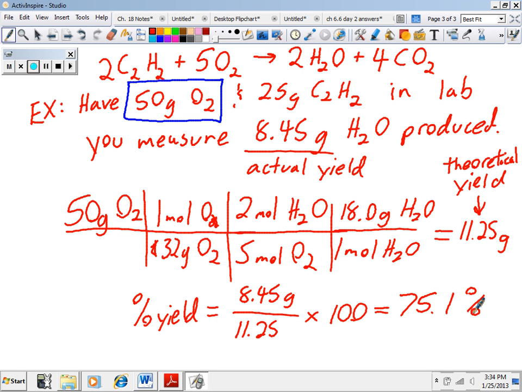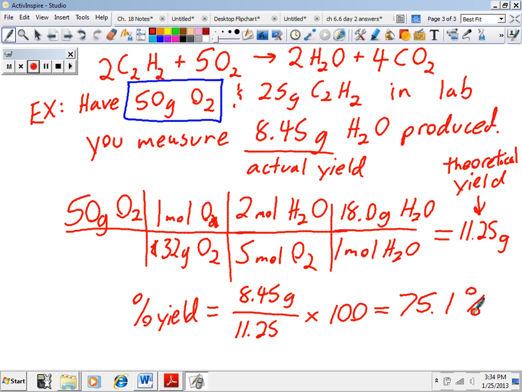And that's pretty good. Realistically, in the lab, if we're doing a percent yield laboratory, we would want as close to 100% as possible. But like I said, unattainable, realistically. But we can shoot for the 90s. That would be great.